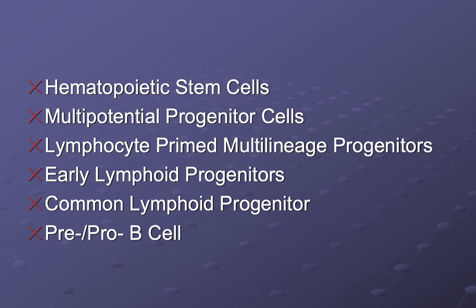Lymphocyte primed multi-lineage progenitors. So they express certain molecules such as FLT3, which binds to its ligand, FLT3 ligand, and once an LPMP is bound to an FLT3 ligand, it will proceed to IL7 receptor synthesis.